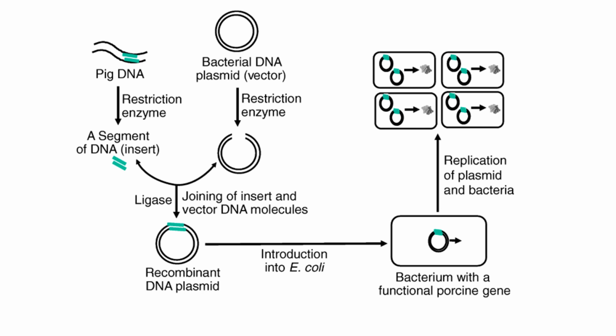The host is Escherichia coli, or E. coli. Then the host cell is allowed to replicate in order to get more copy number. This is the basic principle of biotechnology.